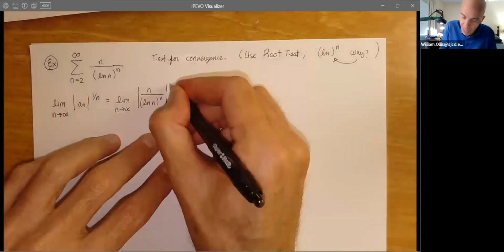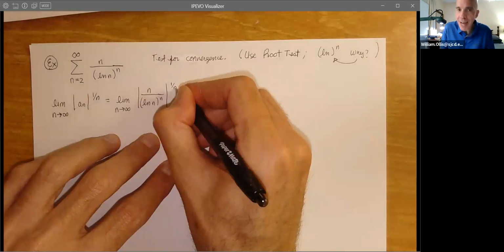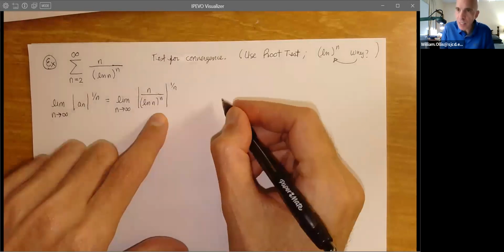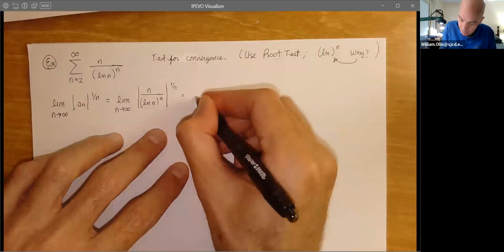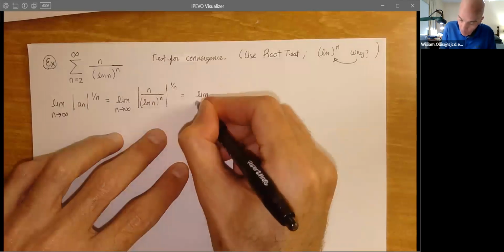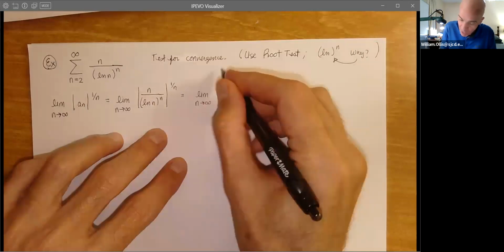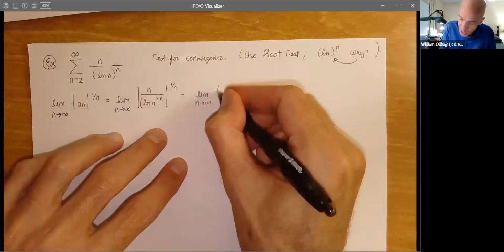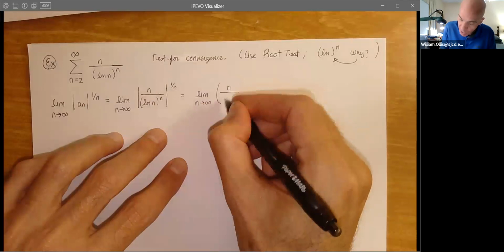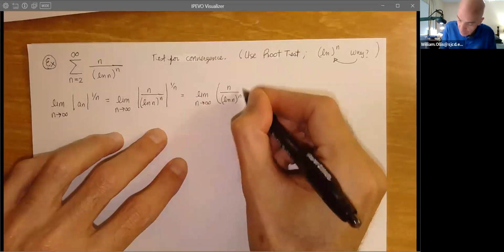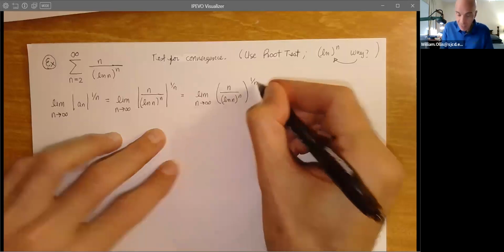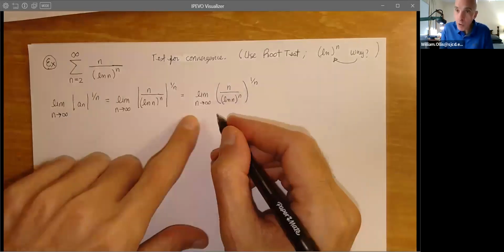So we can retire the absolute values. This is clearly non-negative. So this will give us the limit as n approaches infinity. Again, positive terms, remove absolute value.